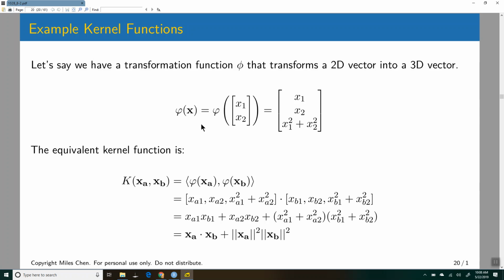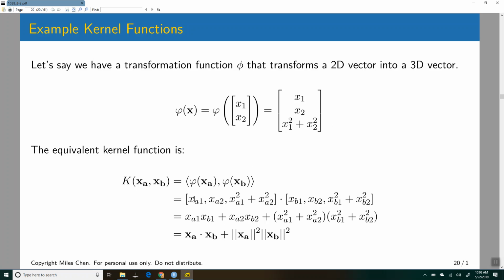So if you apply phi to x, if x is x1 and x2, this will transform it into x1, x2, and then x1 squared plus x2 squared. And if we ask, what is the inner product of this?